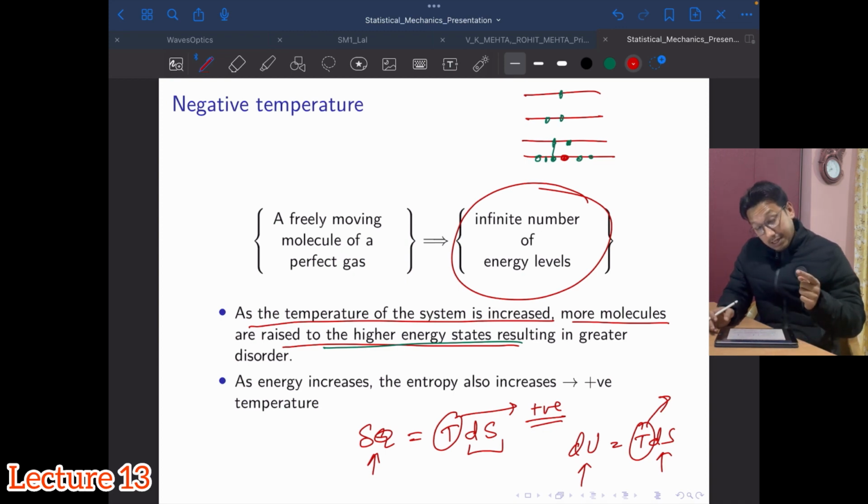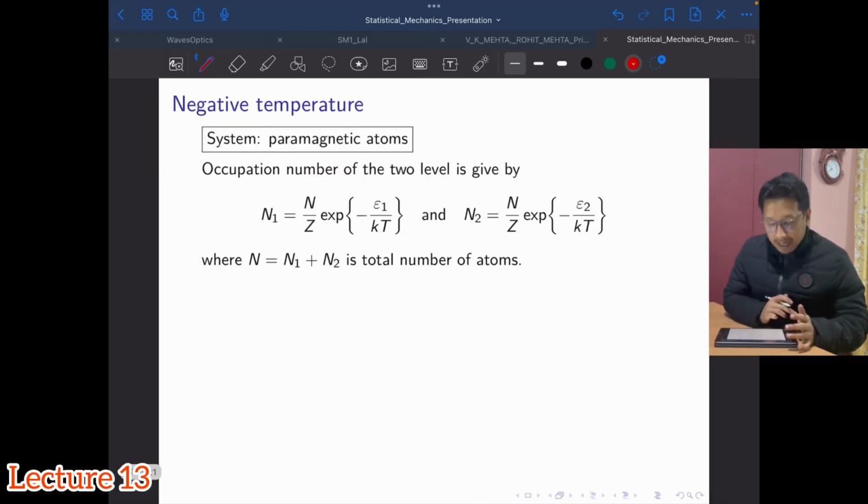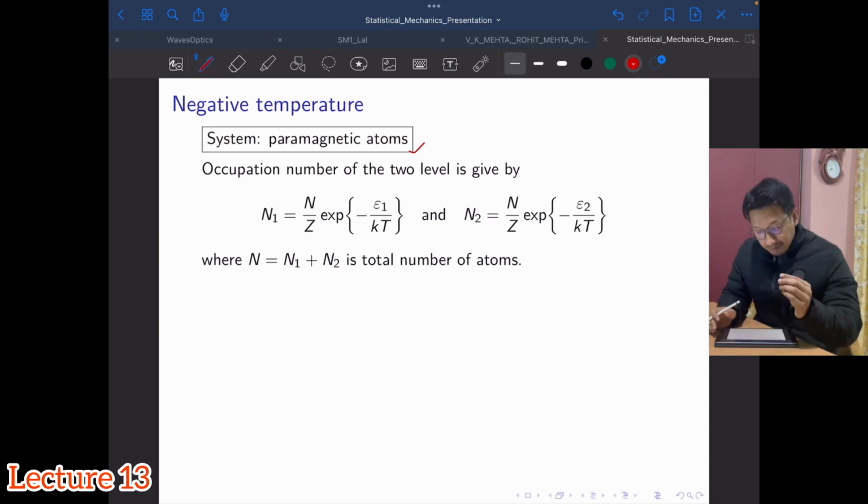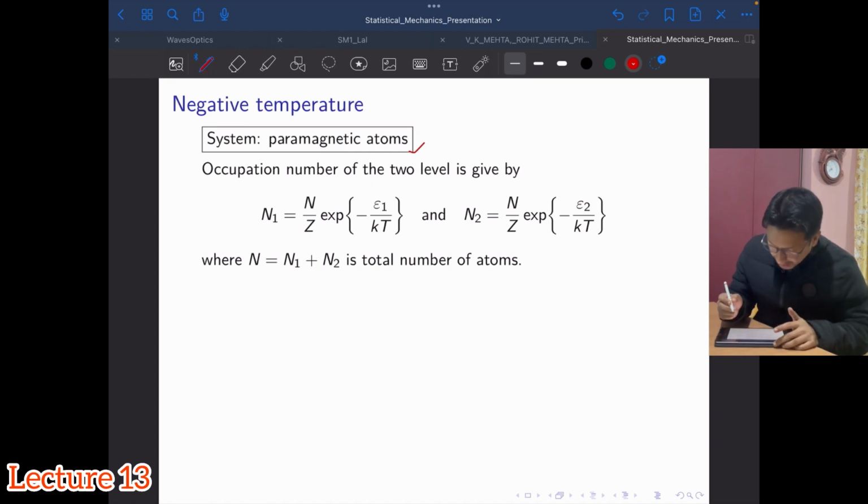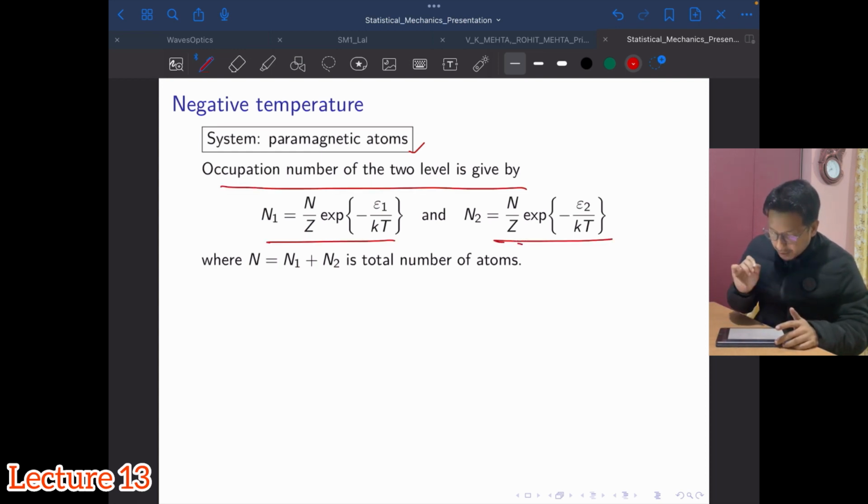Now, keeping these things in mind, get back to the system that we discussed a few minutes back, which is paramagnetic atoms, which have N atoms. Out of that, N1 had occupied the low energy state, and N2 had occupied the high energy state. So the occupation numbers of these two levels are given by this particular expression that we have discussed already.